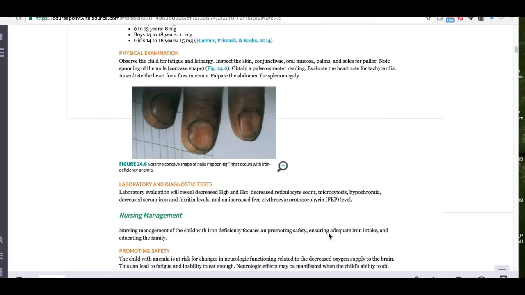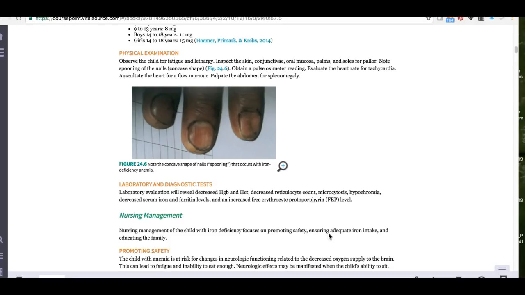exam. What you're going to see, what it's going to look like, in addition to being tired and sleepy, you need to look at the skin. When you pull down their eyes and look, it's going to be real pale, and on the inside of their mouth, it's going to be real pale.